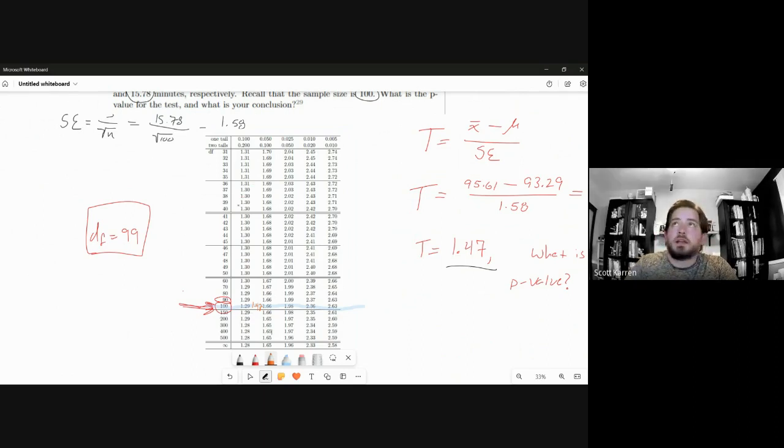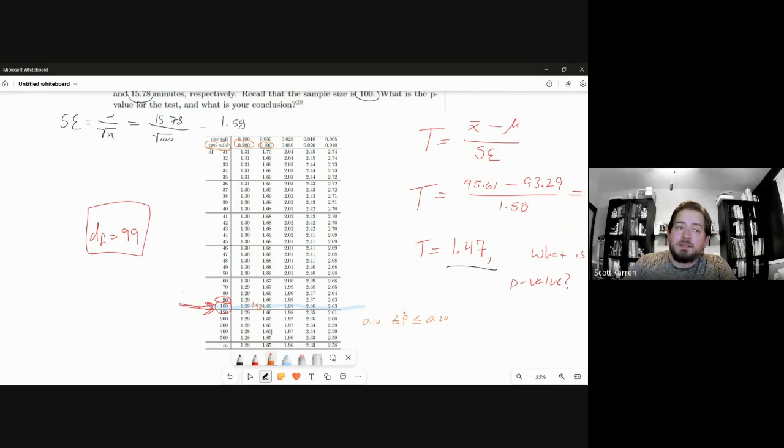Which means, since we're using a two-tailed test, that value is somewhere between 20% and 10%. It's not great to always rely on a guesstimate or an estimation like this. But what I can tell you is that this p-value is somewhere between 0.10 and 0.20, right?